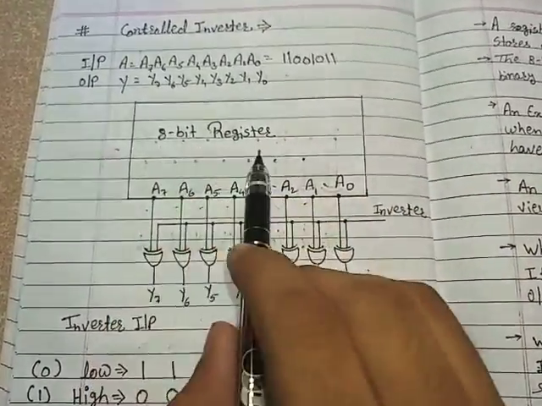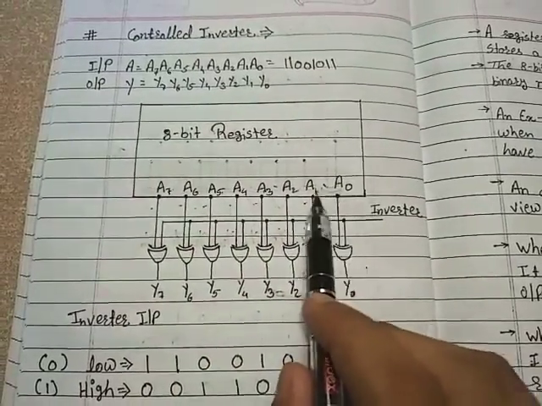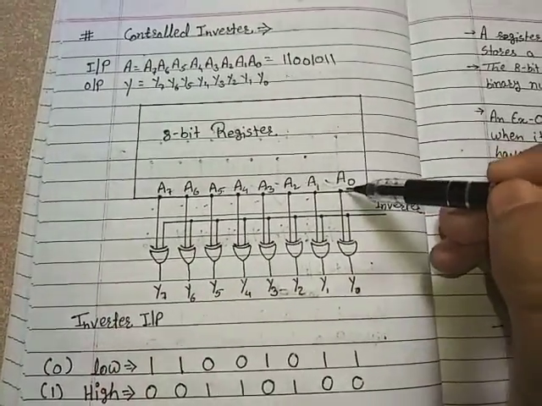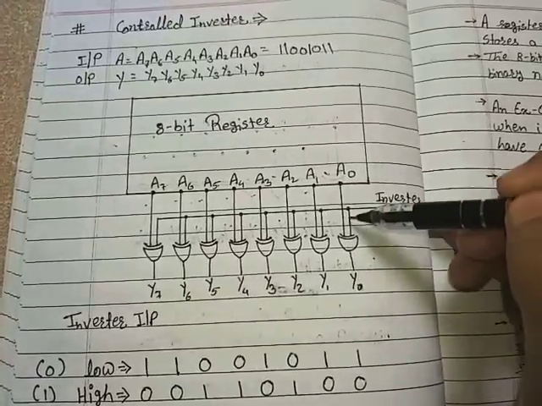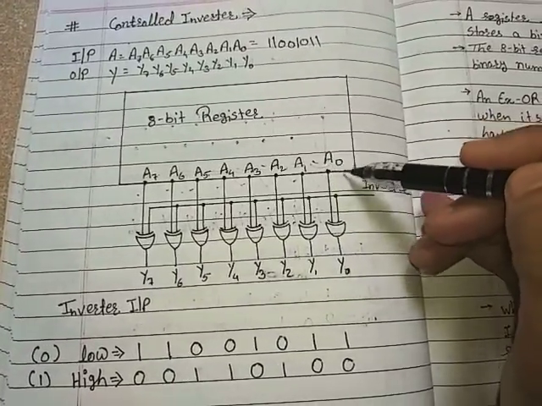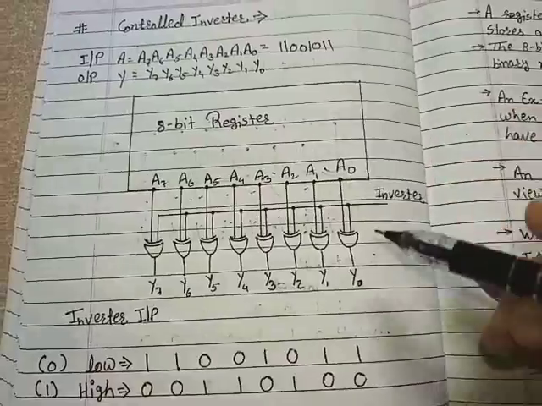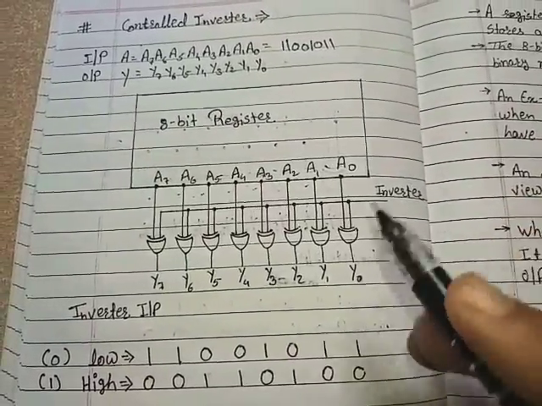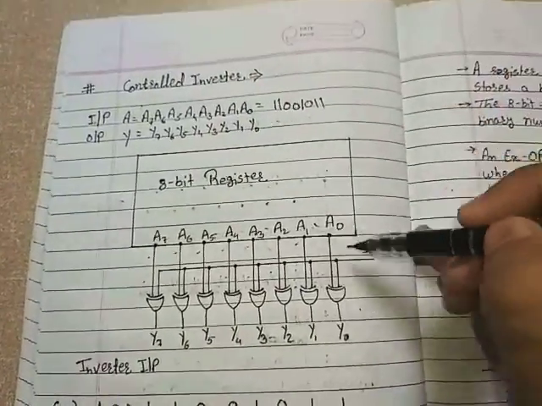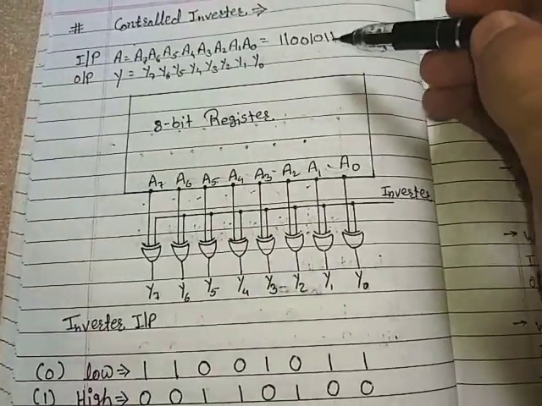Now suppose I give 11001011 as my input. It is stored in the 8-bit register, then passes through the output terminals, and they work as inputs for the XOR gates. So I took A0, and the inverter input is low, that is 0. So at Y0, what will be the input?